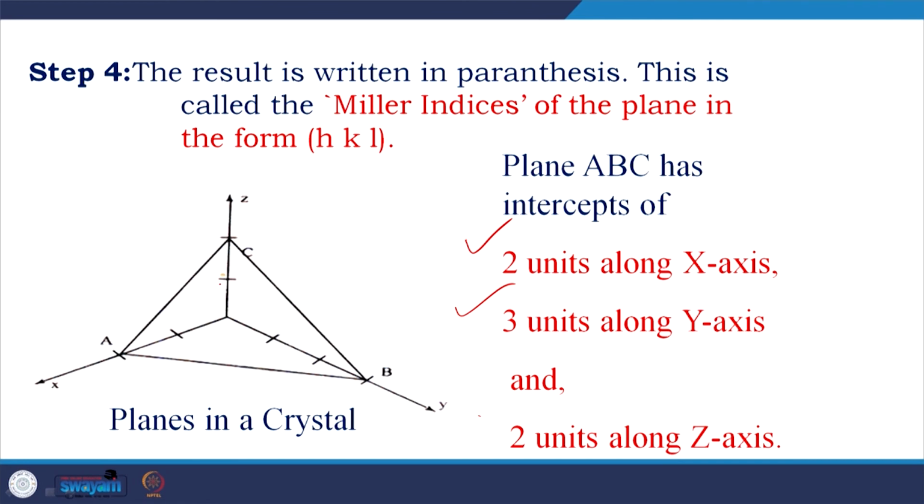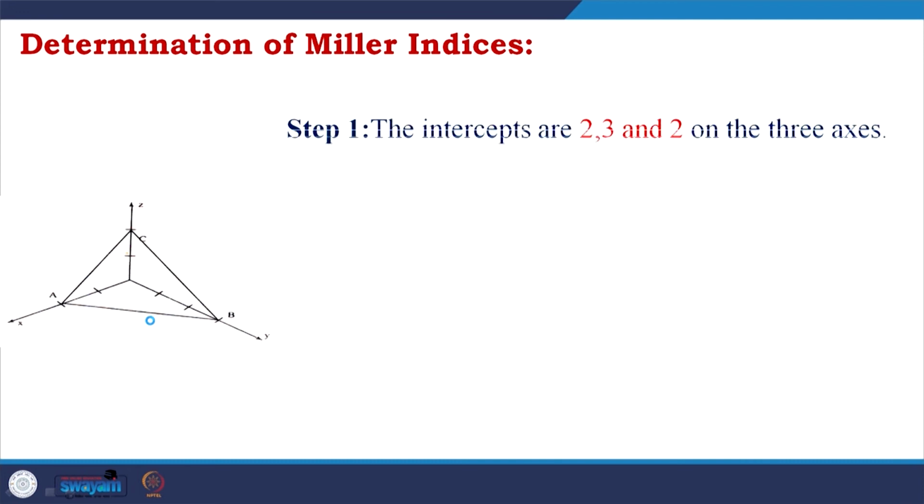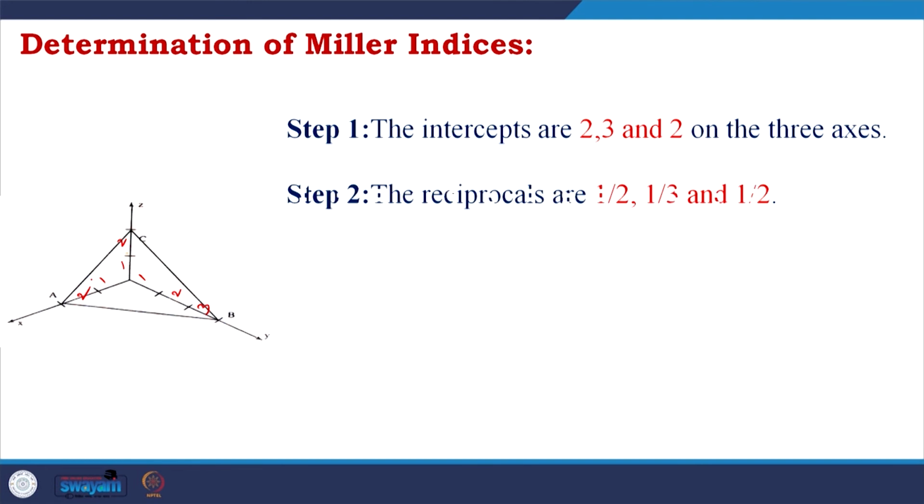If you see 1 2, 1 2 3, 1 2. So, in that way you could determine. Look at this, these have 1 2 3, 1 2, 1 2, right. The intercepts are 2, 3, 2 on the 3 axes.